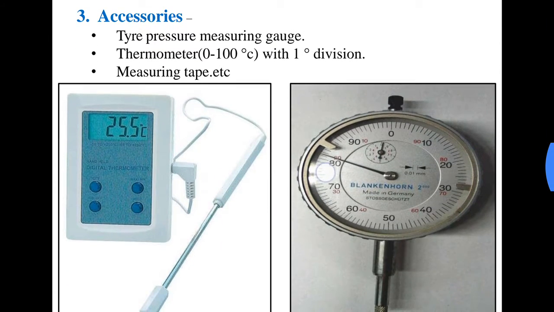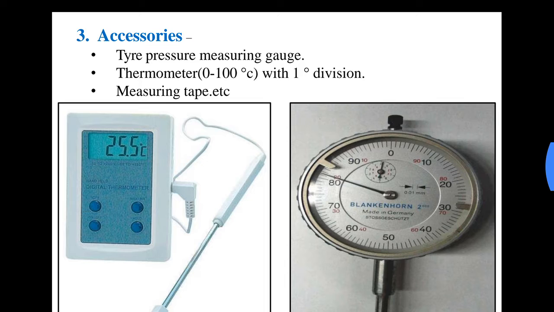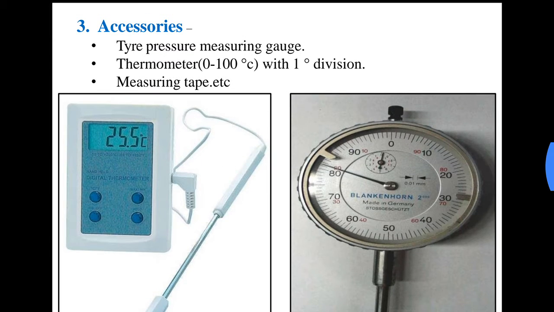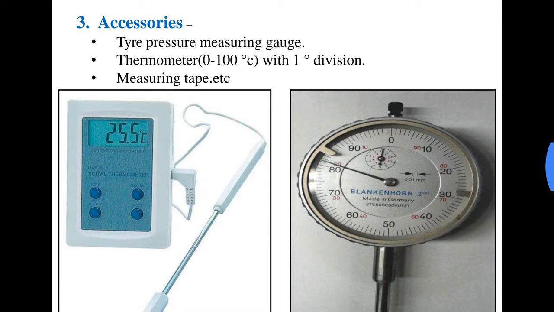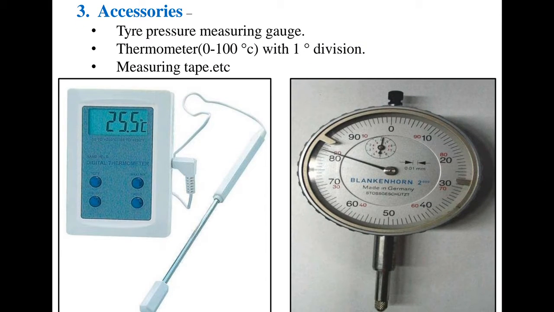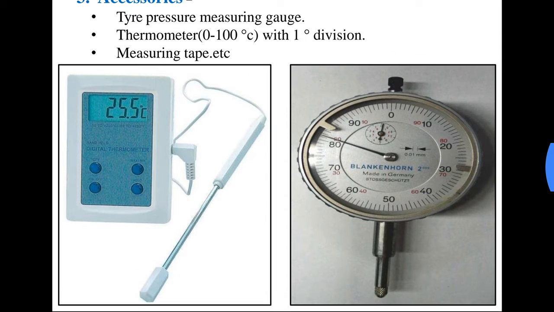Then we need a dial gauge. Then also a pressure measuring gauge to measure the pressure of the tires. Then a thermometer to measure temperature of the road surface. Then a measuring tape to measure the distances.